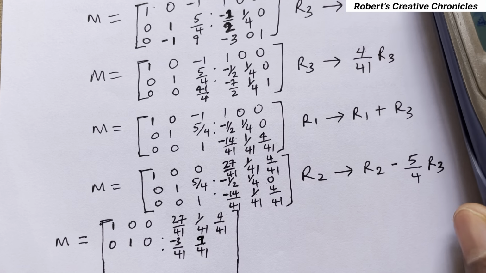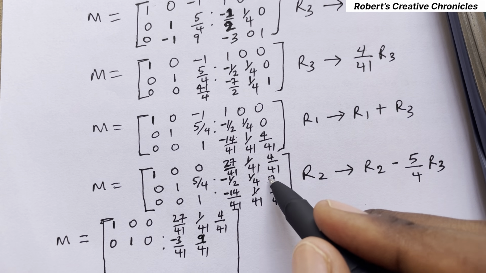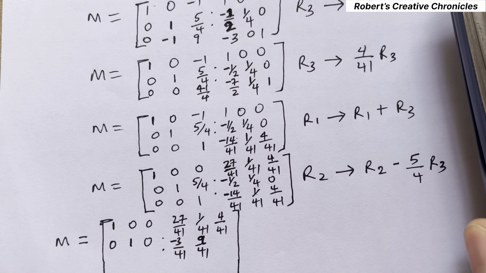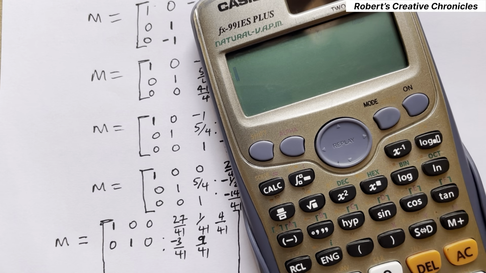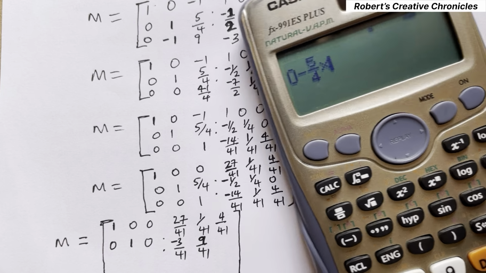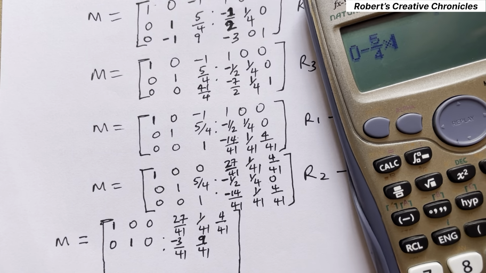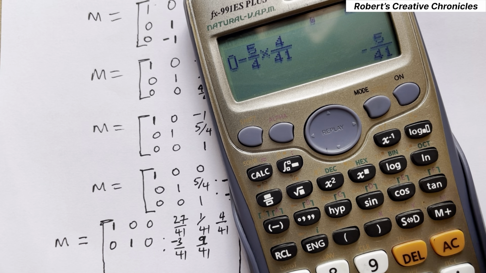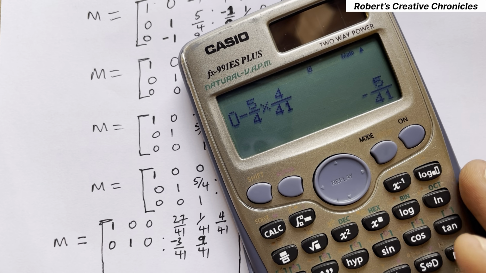Then the next one is 0 minus 5 over 4 times 4 over 41, which is minus 5 over 41.